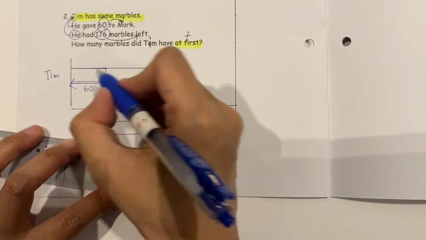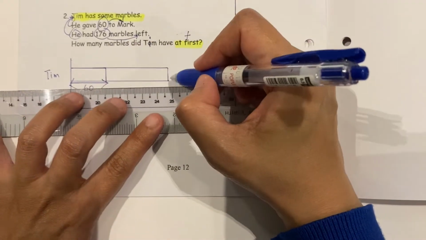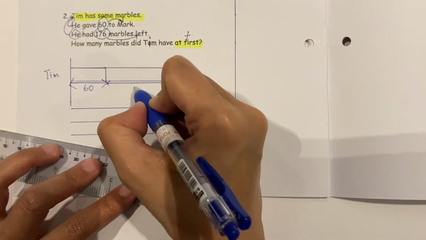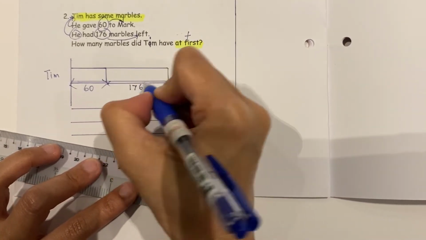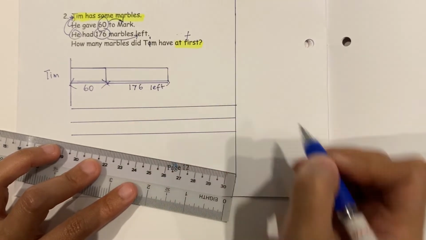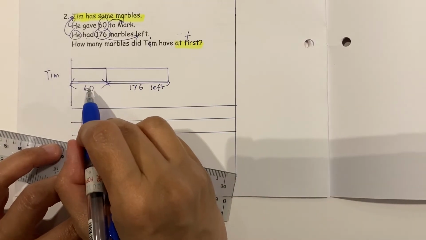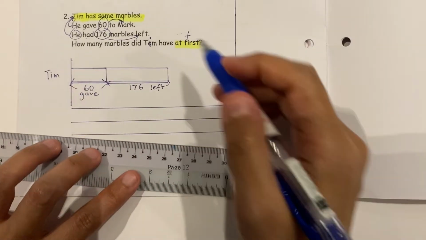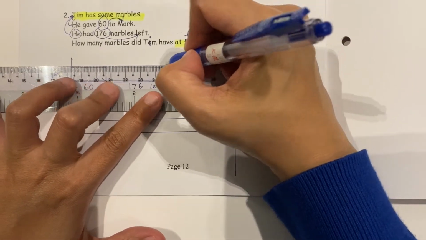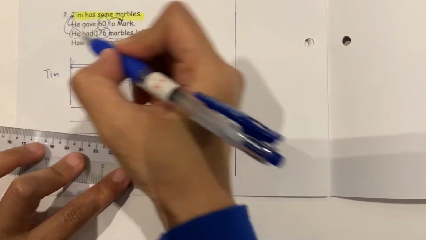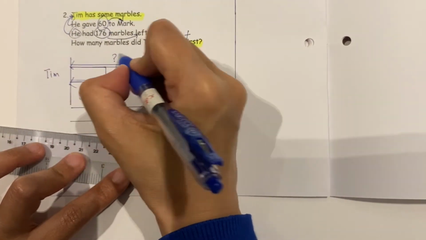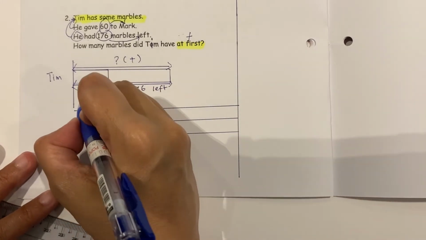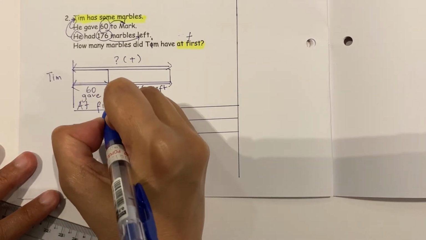He gave away 60, and this is left, 176 left. Then how many marbles did he have at first? So here you just write at first.